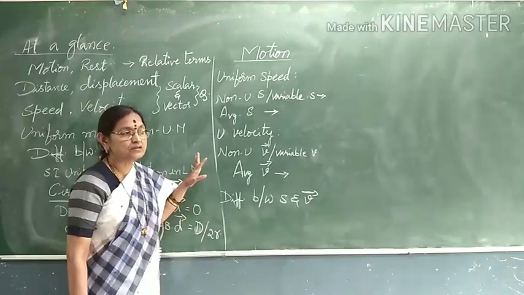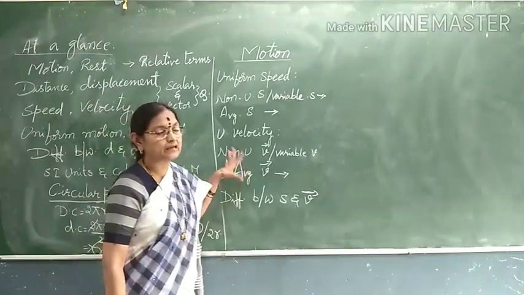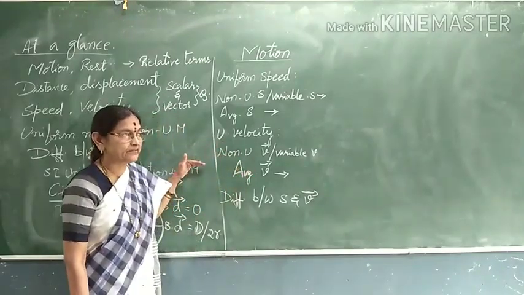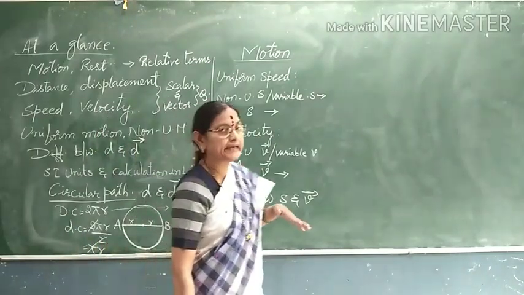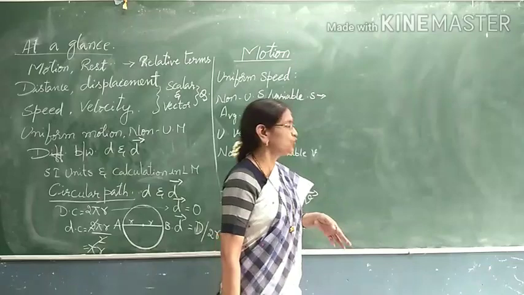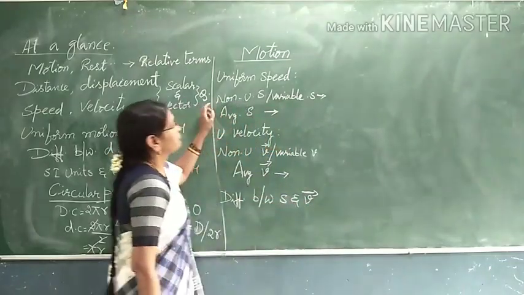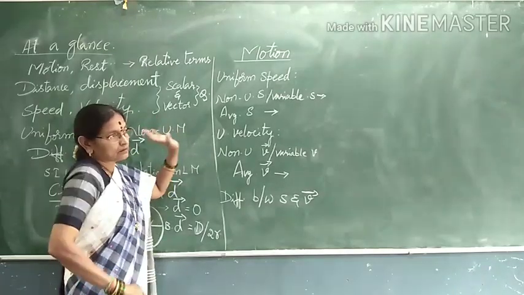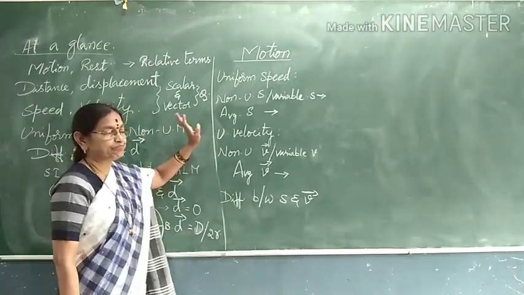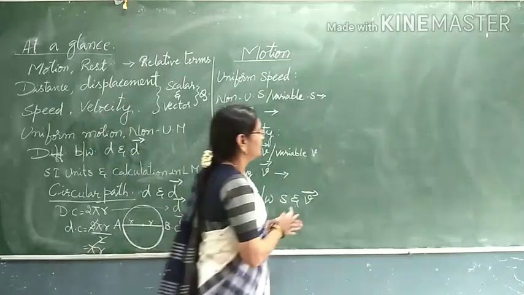Rate of change of displacement. The distance covered by a moving object in a particular direction in unit time is velocity. The displacement by time.